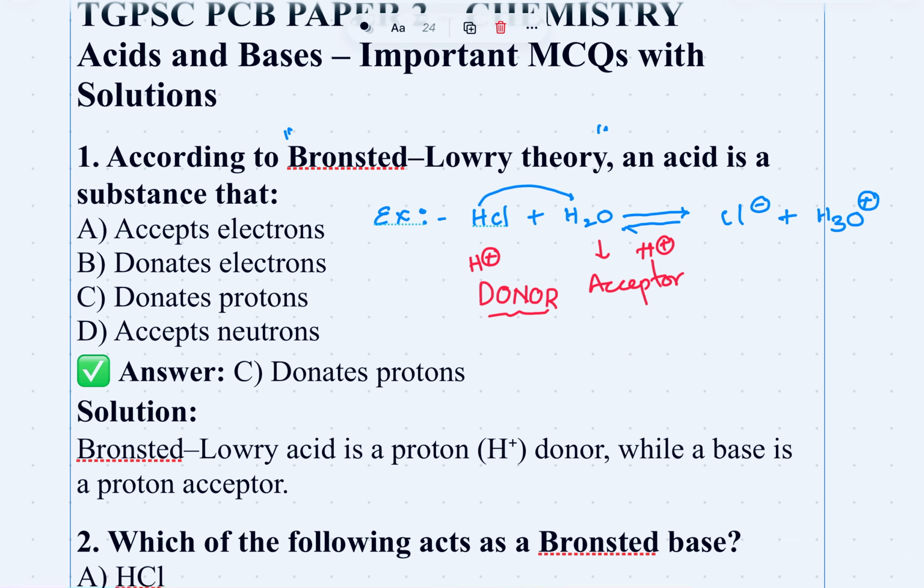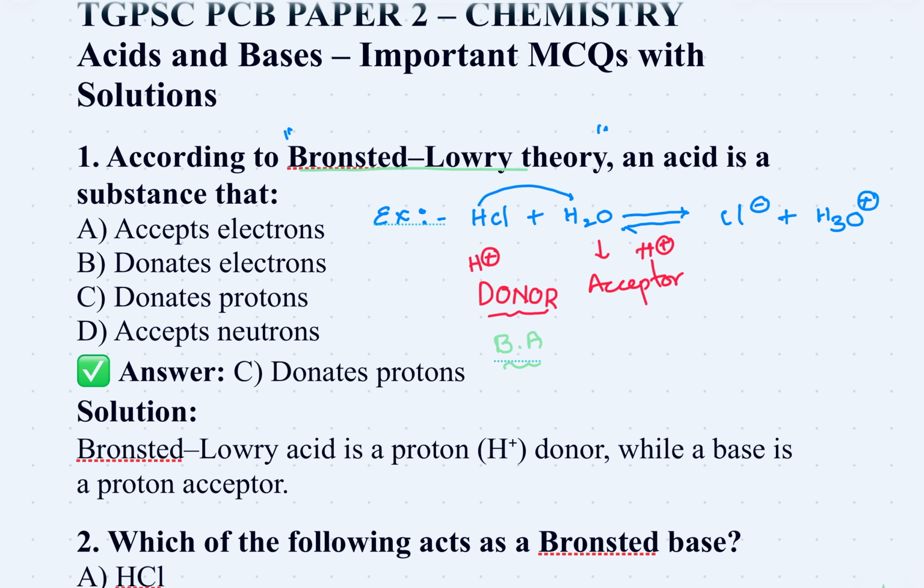what, you know? According to Bronsted-Lowry theory, the proton donor is generally called a Bronsted acid, and the acceptor is generally called a Bronsted base. Clear?